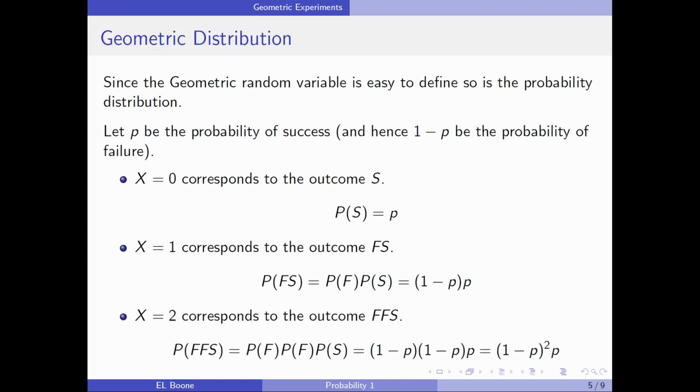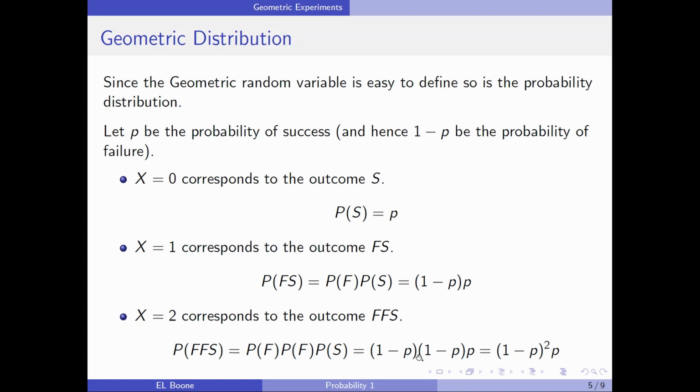All right, so if we have this easy to define random variable, then we let P be the probability of success. Then the probability is P if X equals 0, right? Because there's one trial and it stopped then. If X equals 1, then we have 1 minus P times P. If X equals 2, then we have failure, failure, success: probability of a failure, probability of a failure, probability of success.